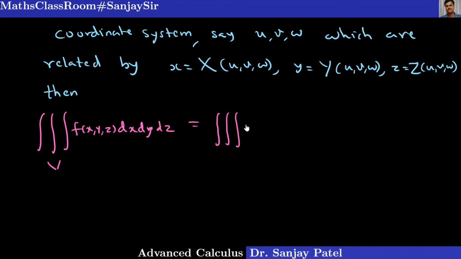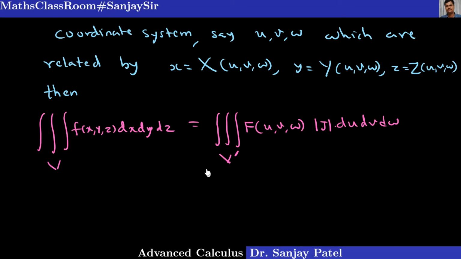So this small f becomes a new function, say capital F, of the variables u, v and w. And this volume V is changed to another volume, say V dash. And the differential dx dy dz is changed to mod J into du dv dw.